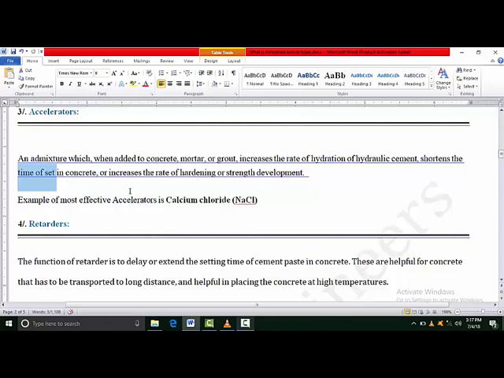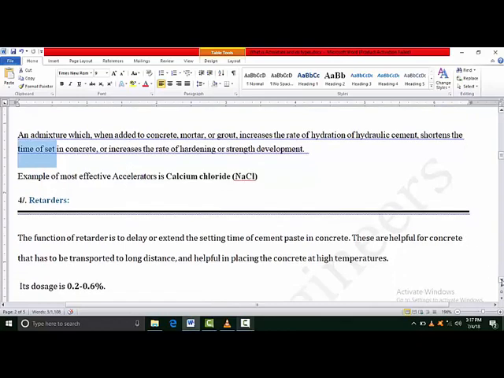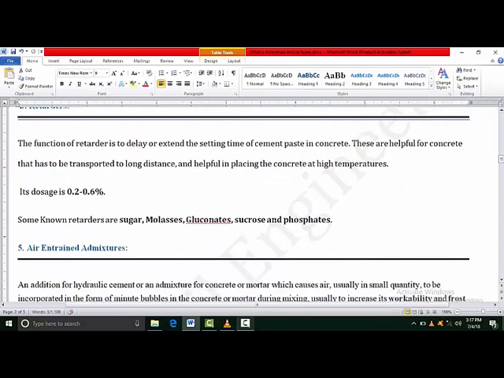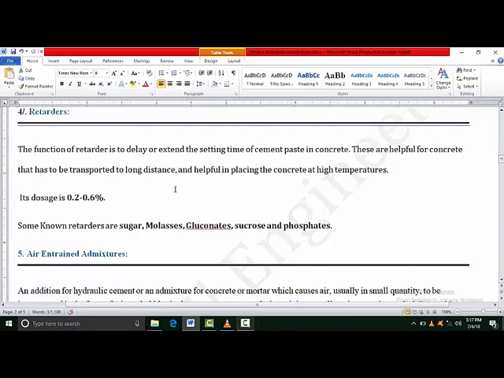So retarder means that it delays the initial setting time. The initial setting time of normal cement is 30 minutes. With a retarder, the initial setting time becomes more than 30 minutes. It may become 40 minutes, 50 minutes, 60 minutes by the use of retarder, okay.